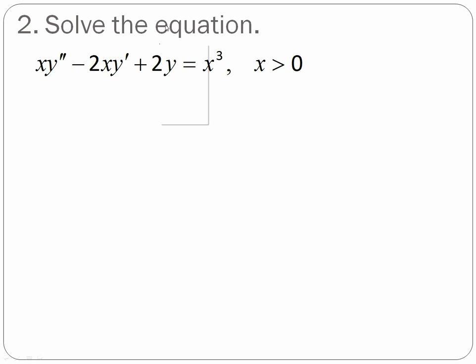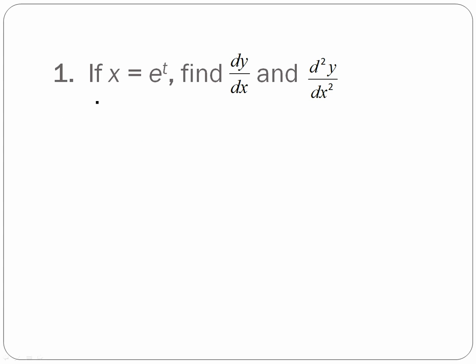So here on number 1, if x is e to the t, let's find dy dx, and then let's find our second derivative with respect to x. So I'll start with my first derivative.